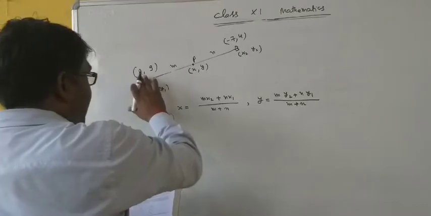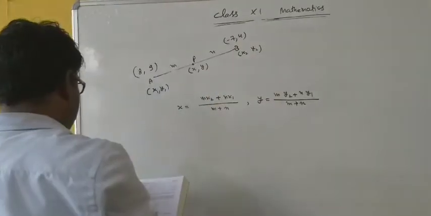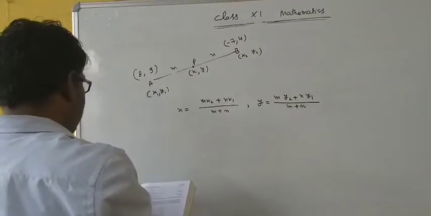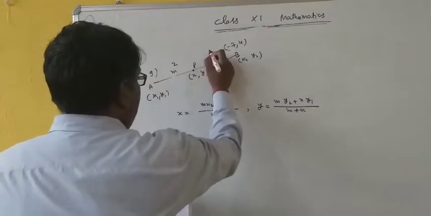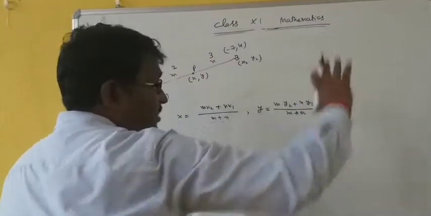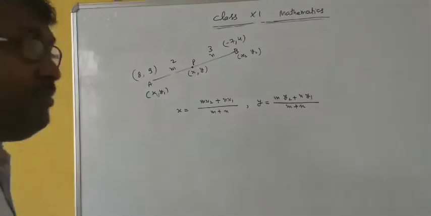Since the points are given in this sequence and the ratio is given 2:3, you will take it in the same sequence or in the same order.